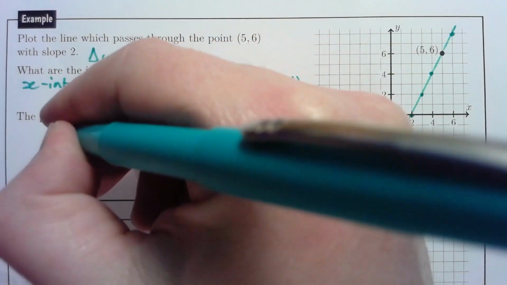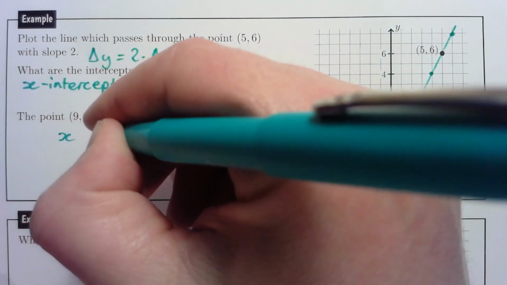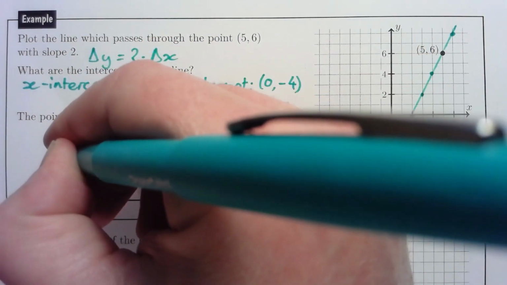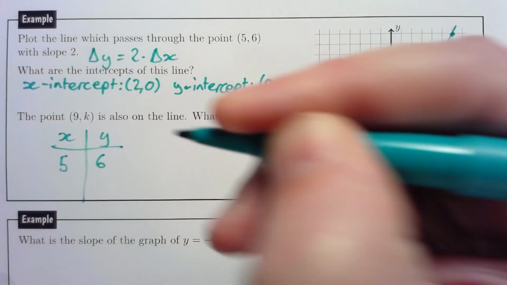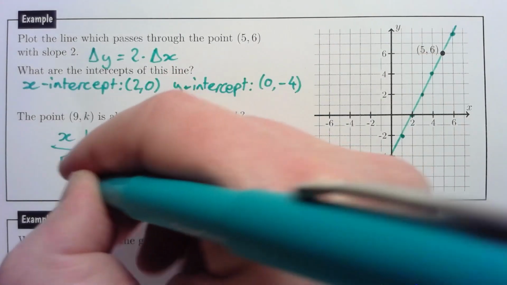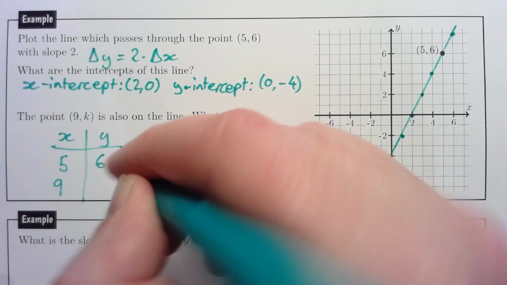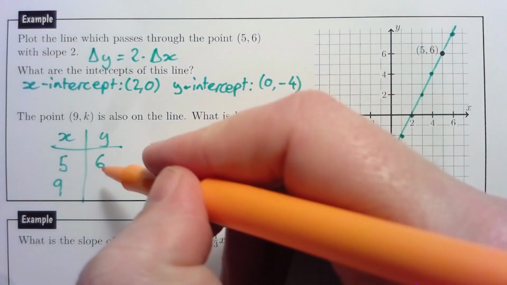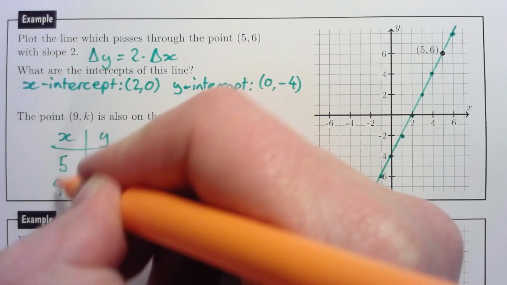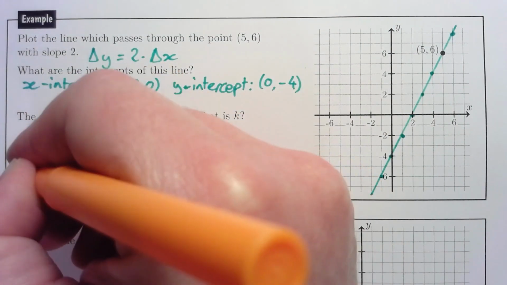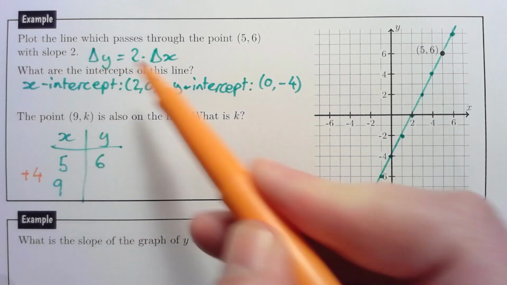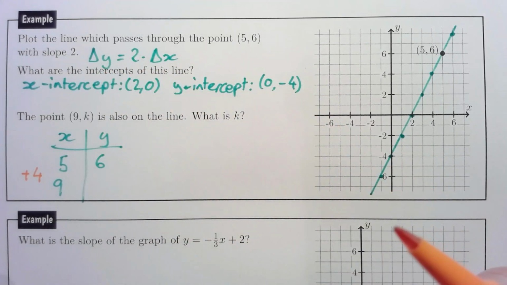If we make ourselves a table, using x and y, we know that our starting point was 5, 6. And from there, we want to get to 9 something. Well, we don't know what this number is yet, but we can work out what the change in x needs to be. To go from 5 to 9, we have to add 4. Now, before, we said that the change in y has to be 2 times the change in x.